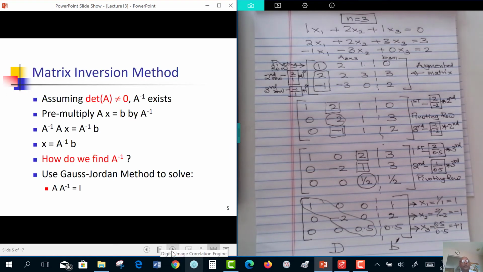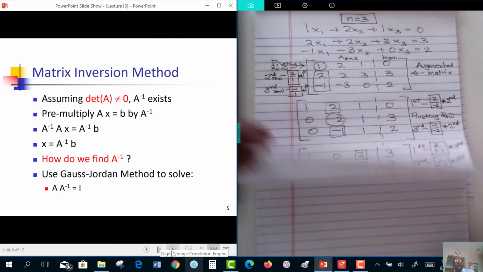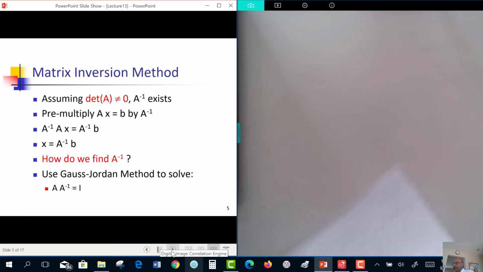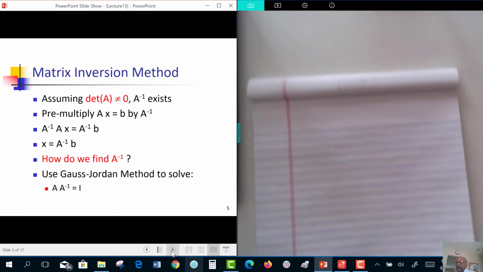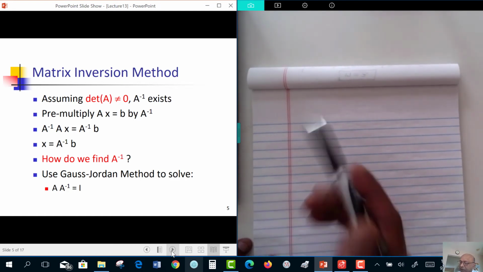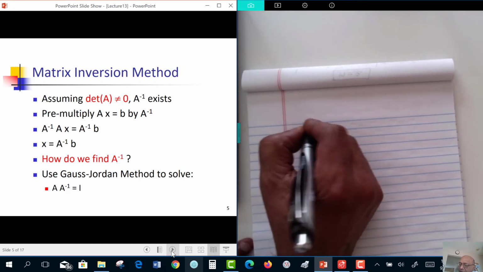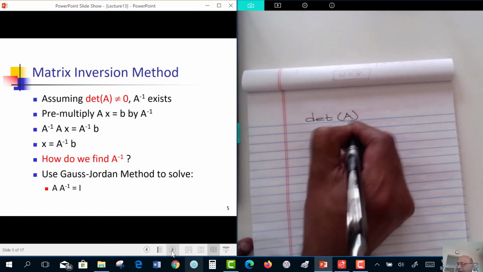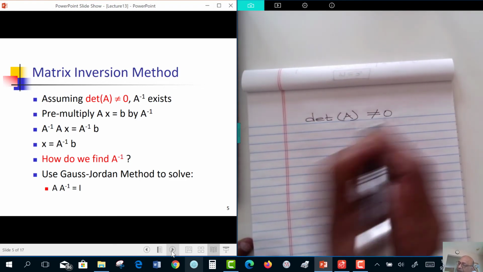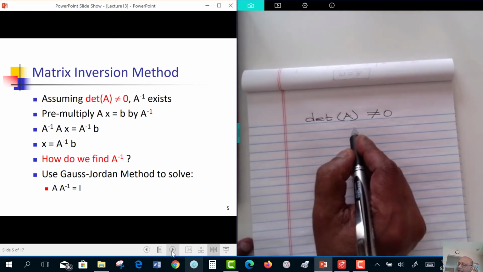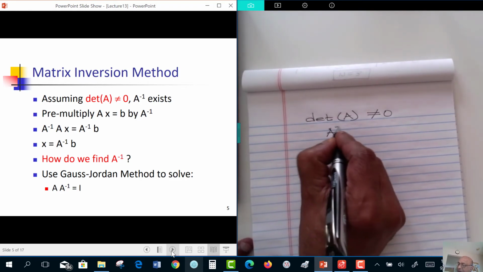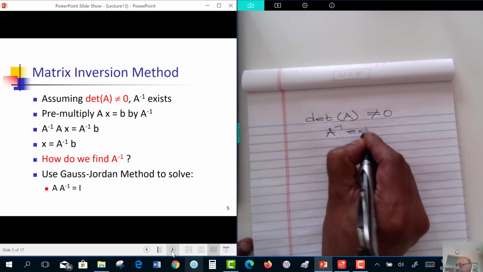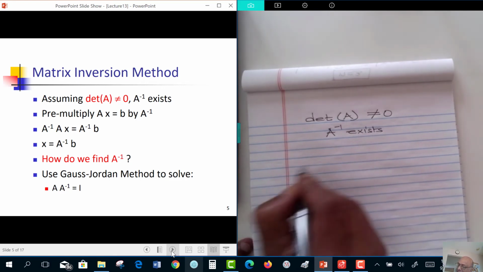Okay, so that is Gauss-Jordan. Then we have matrix inversion. We know that we have a unique solution only if determinant of A is not 0. If determinant of A is not 0, then A inverse exists. What is A inverse?